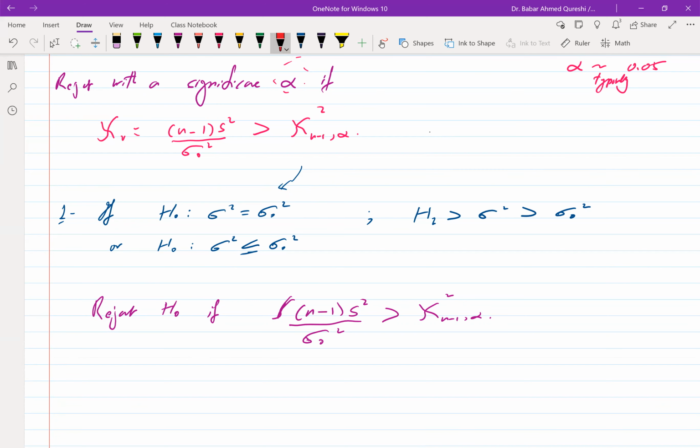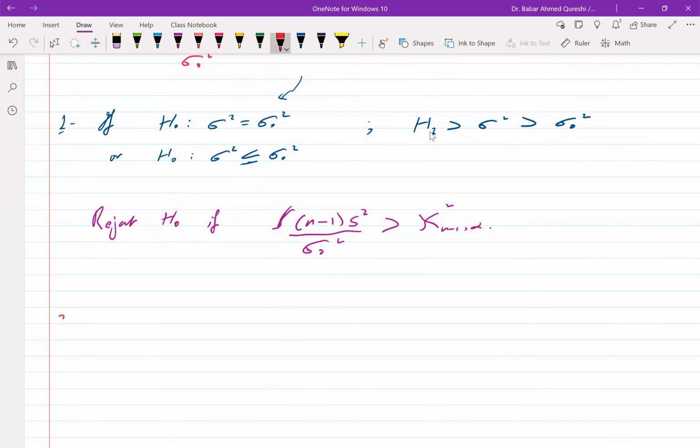Now you can have other kind of hypothesis, that sigma square is equal to sigma naught square, or H naught is greater than sigma naught square, and alternate is that the variance is less than this value.